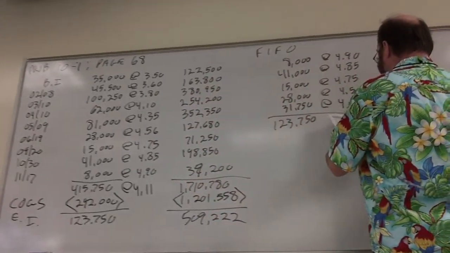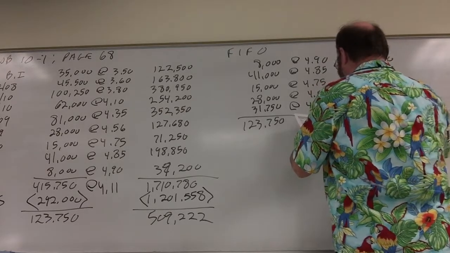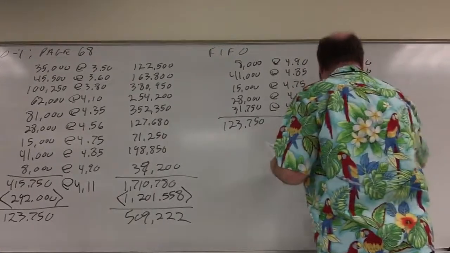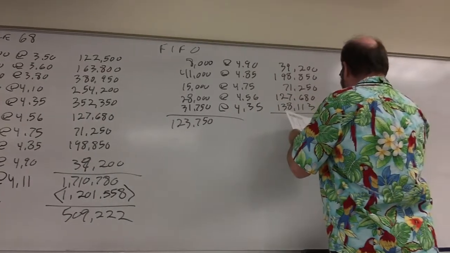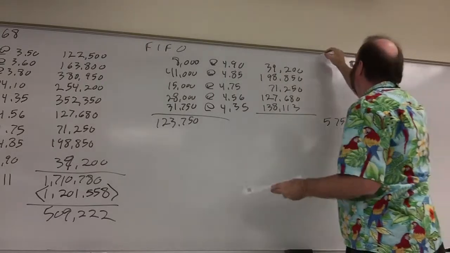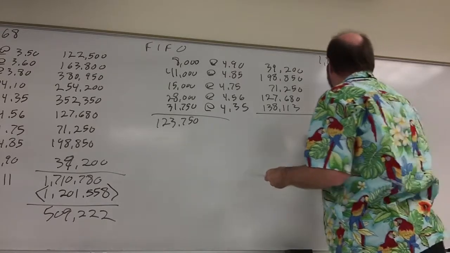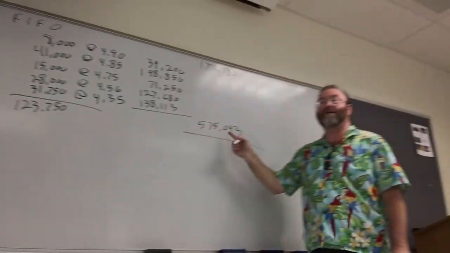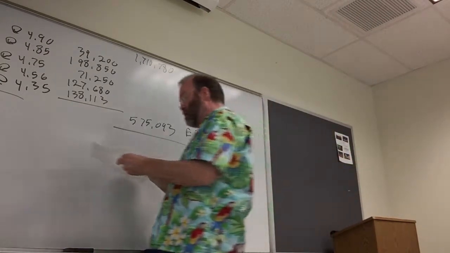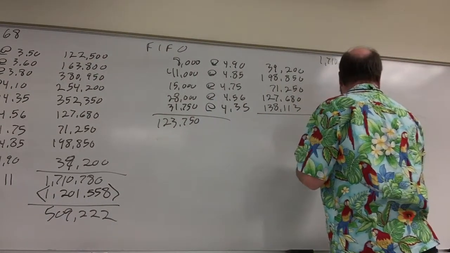And that is equal to $138,113, for a total of $575,093. If you take the total of 1,710,780 and subtract what you have in ending inventory, you'll get cost of goods sold of $1,135,688.